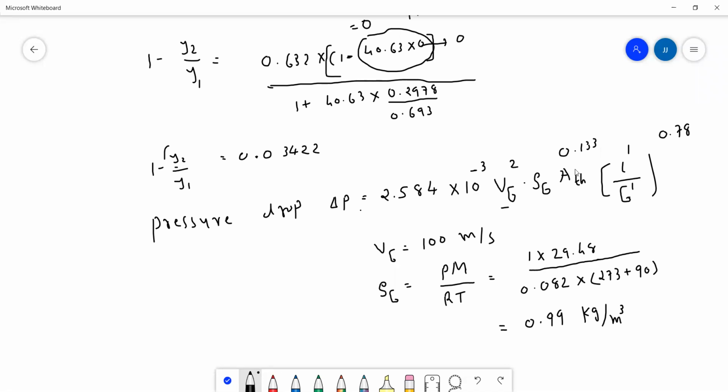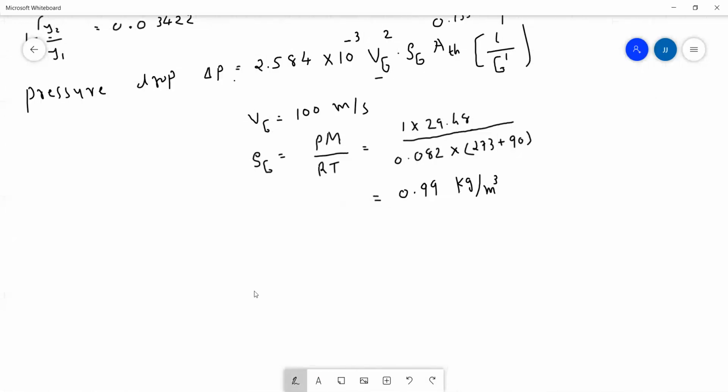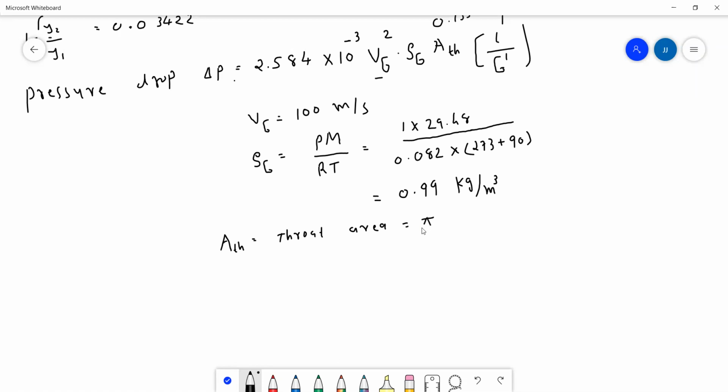Now we need to calculate the area of throat, ATH, which is equal to pi by 4 d square.